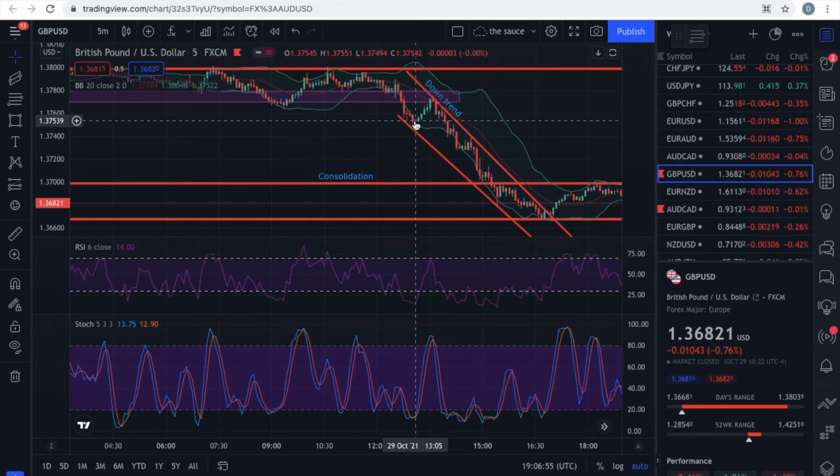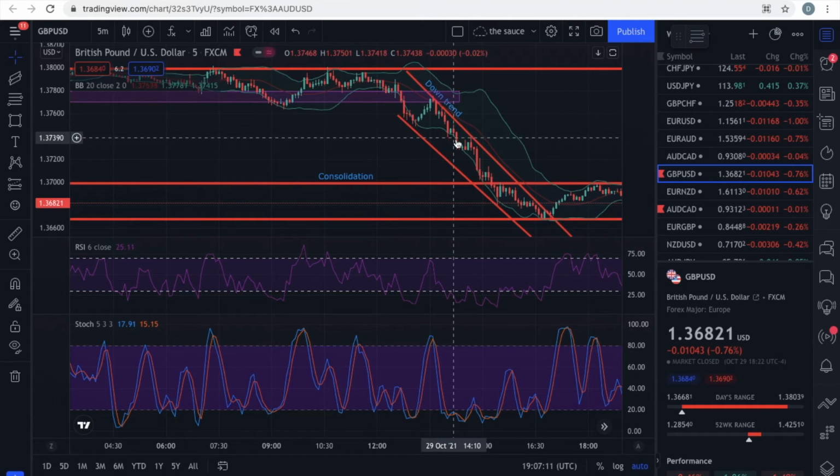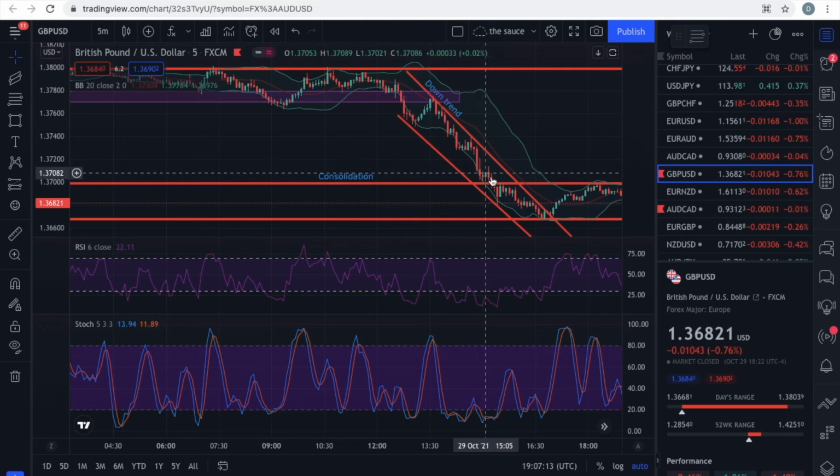The retest is the final confirmation. Now it comes back up to this area, retest. As you see, breaks, retest the trend. Down, down, down.